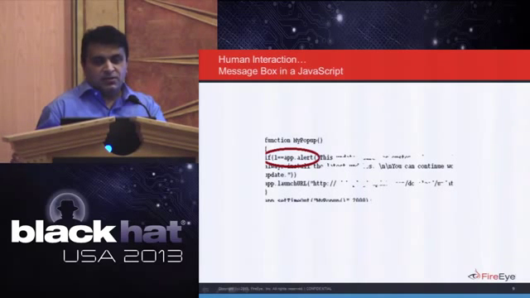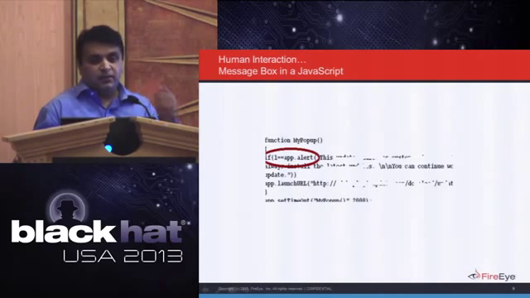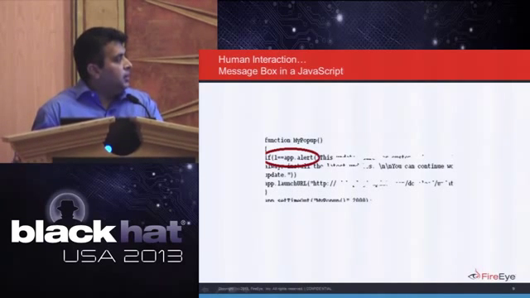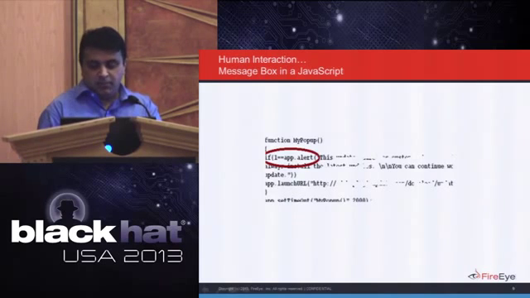The human interaction is not limited to Windows executables. It has also been seen in PDF files. As shown on the screen, this is the code of a malicious JavaScript. It makes use of the app.alert API to pop up a dialog box, and only when the dialog box is clicked does malicious activity take place.